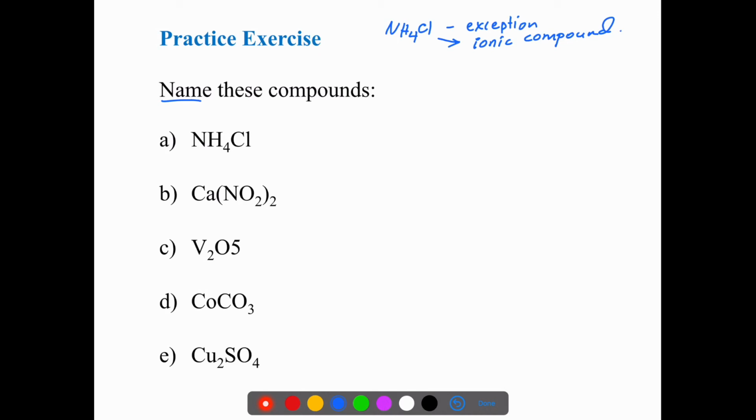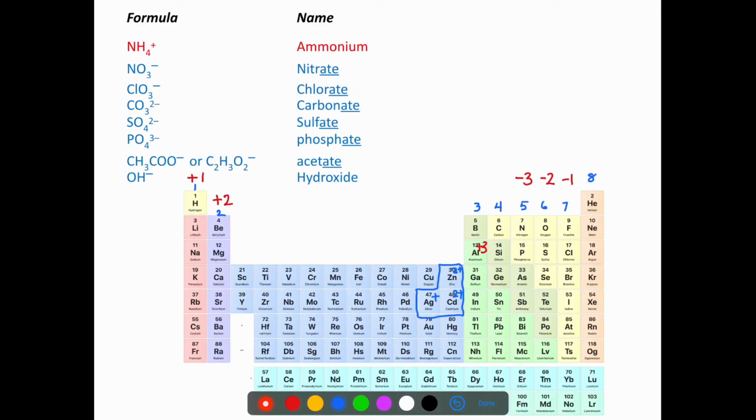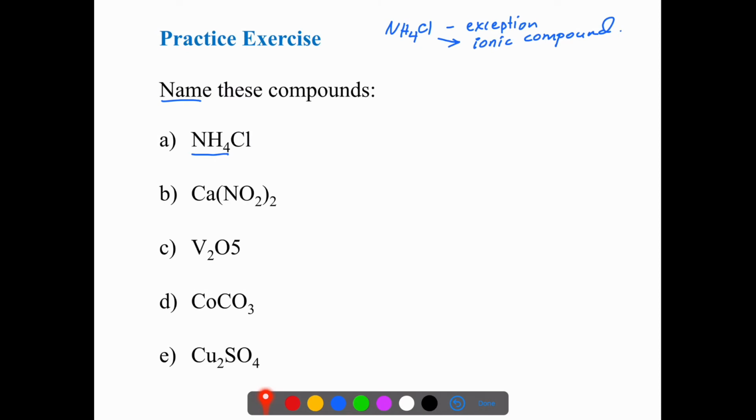So name the cation. Cation is ammonium, as you can see here. NH4 would be ammonium with a positive charge. You should understand that this is positively charged within the compound. The charges are not specified when you write the compounds, but you have to understand that it's carrying a positive charge. So that is ammonium. So write the cation name first, followed by the anion name.